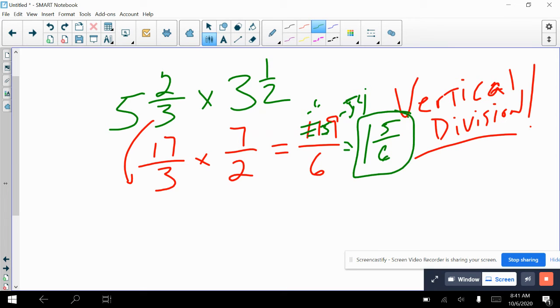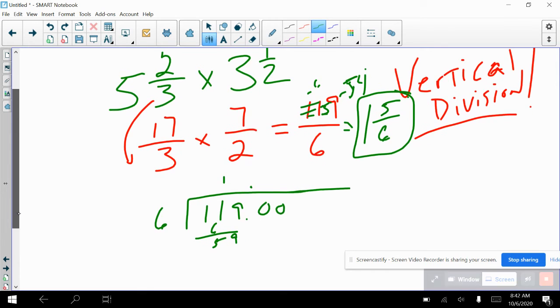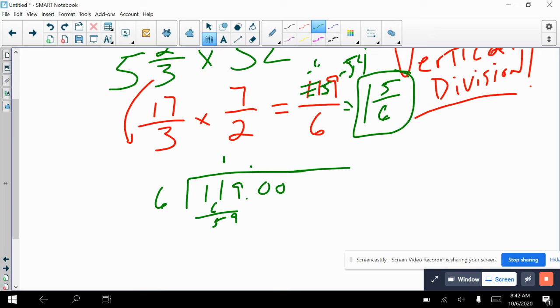There's your answer. 1 5/6. Do you see where I'm doing the same thing? I just did it vertically. Oh, wait a minute. Sorry. I forgot my 9. 119 and 6. I knew that 9 went somewhere.